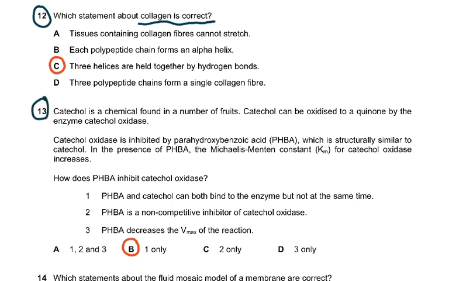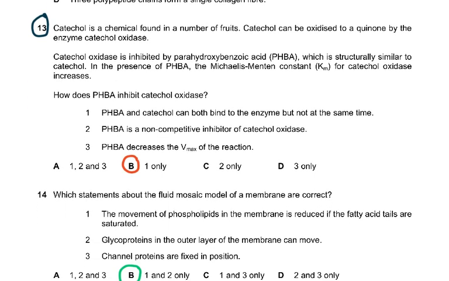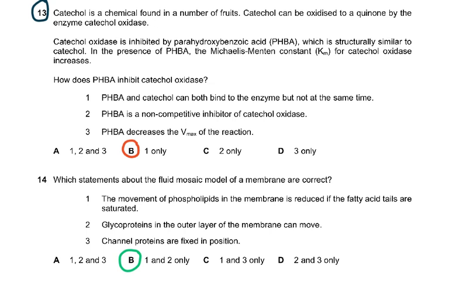Next, question number 13. Catechol is a chemical found in a number of fruits. Catechol can be oxidized to a quinone by the enzyme catechol oxidase. Catechol oxidase is inhibited by PHBA, which is structurally similar to catechol. In the presence of PHBA, the Michaelis-Menten constant Km for catechol oxidase increases. How does PHBA inhibit catechol oxidase?